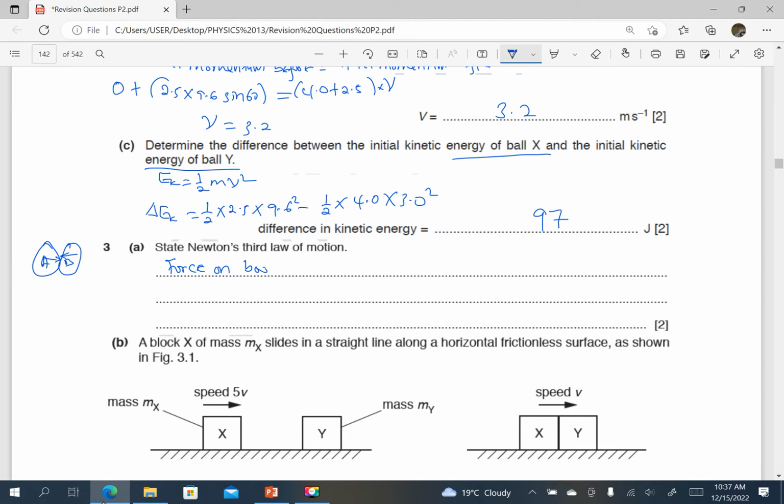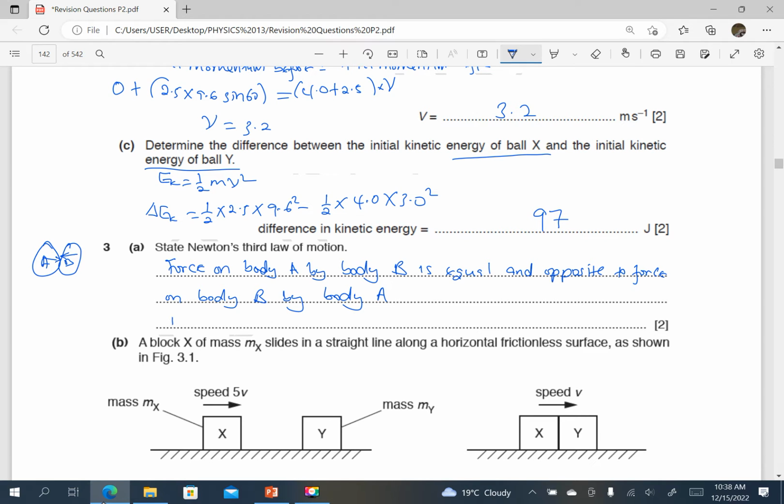So you can simply state Newton's third law by saying the force on body A by body B is equal and opposite to force on body B by body A. The force on the first object by the second object is equal and opposite to the force on the second object by the first object.